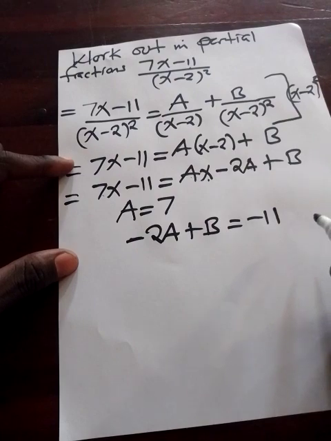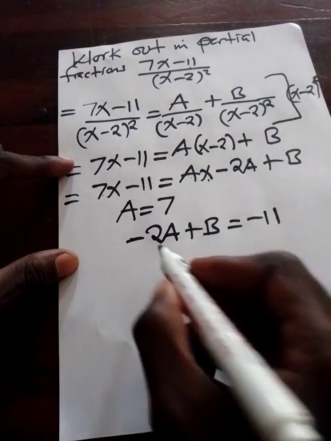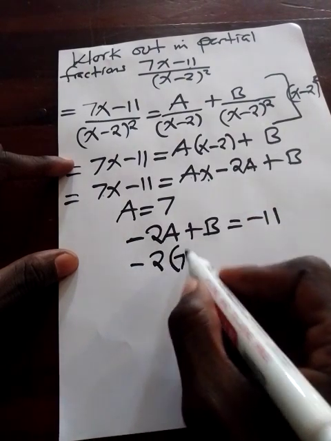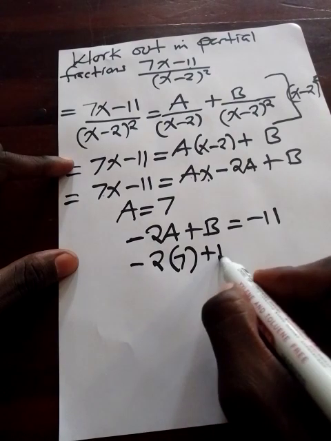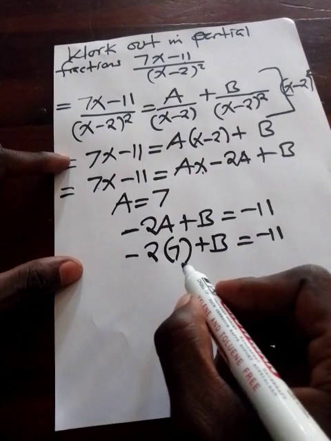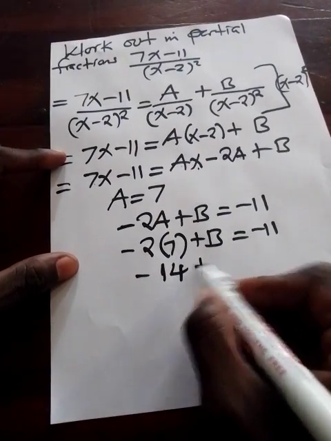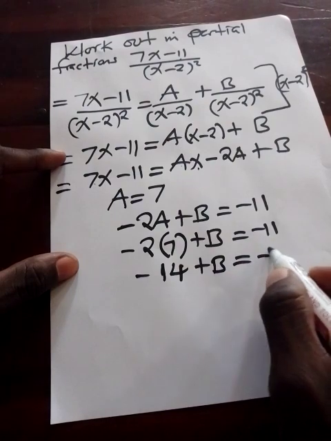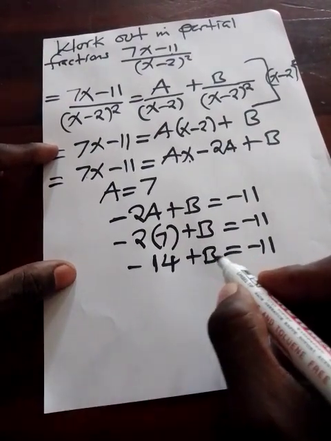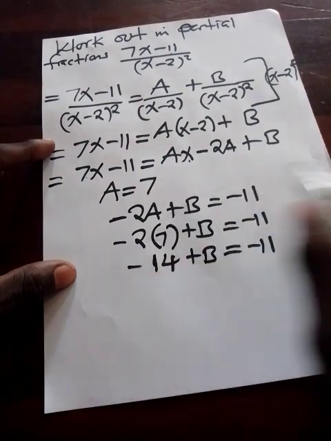What you are doing here is looking for the value of B. We already know the value of A, so we'll make a replacement where there is A. You have negative 2 in brackets 7, plus B, which is equal to negative 11. So negative 2 times 7 is negative 14, plus B, which is equal to negative 11. We are looking for B, meaning that we have to make B the subject of the formula. So we are transferring this negative 14 onto the other side.